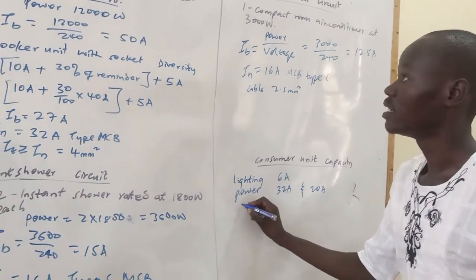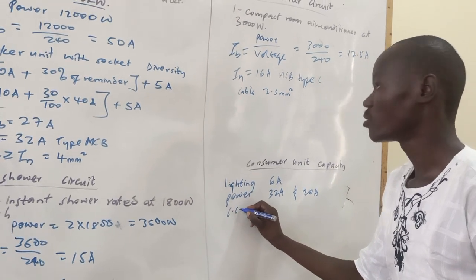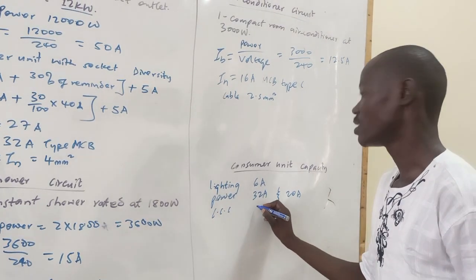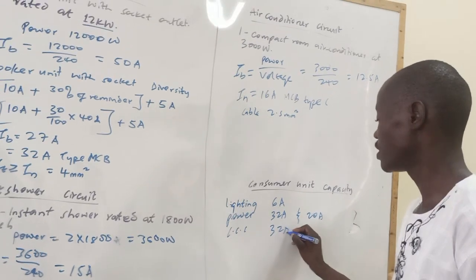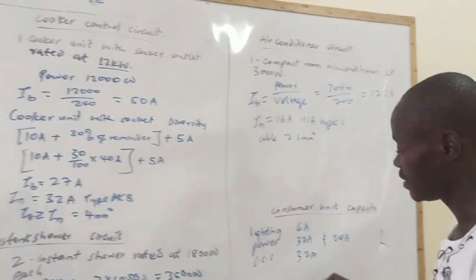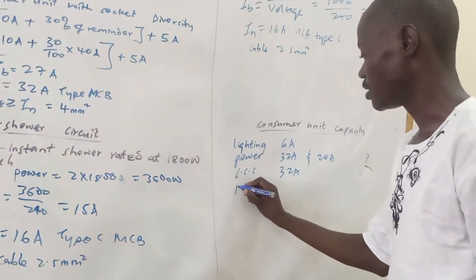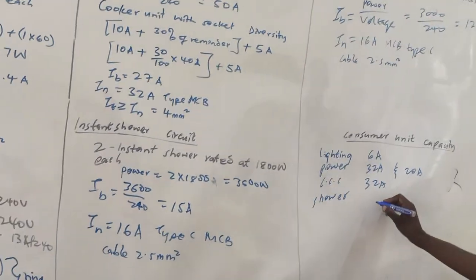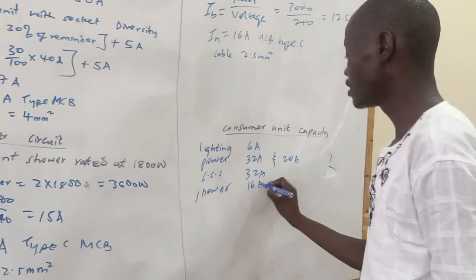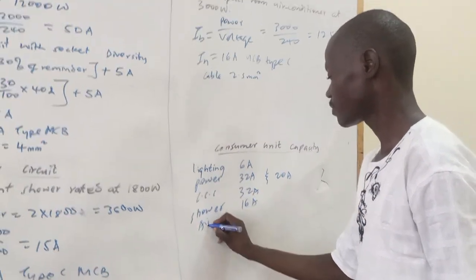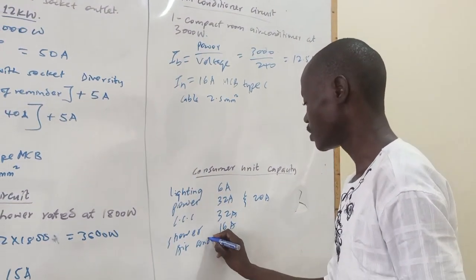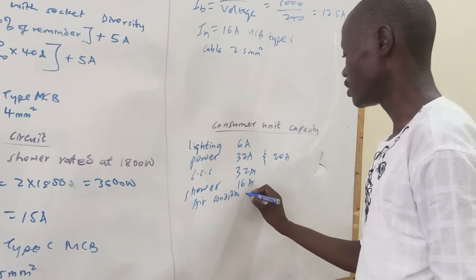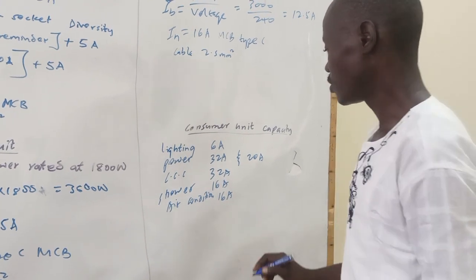And then we have cooker control circuit, which is also 32 ampere. And then we have instant shower circuit, which is 16 ampere. Then air conditioner, also 16 ampere. So you can see all this.